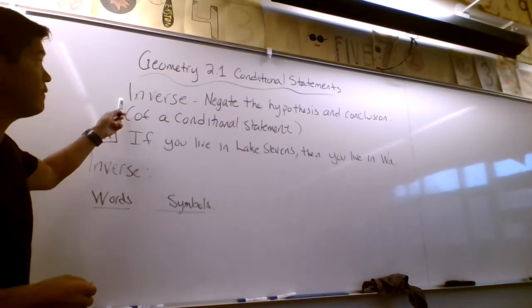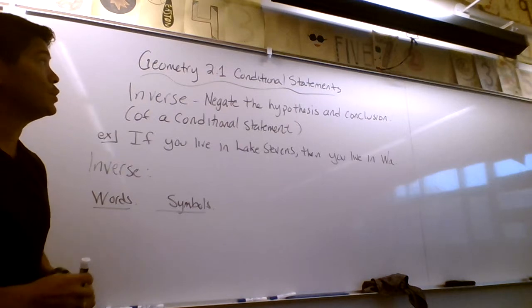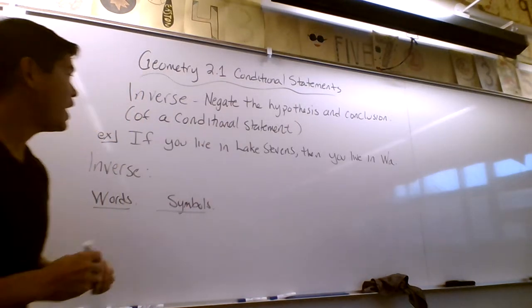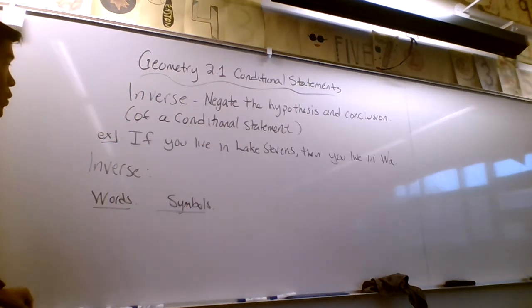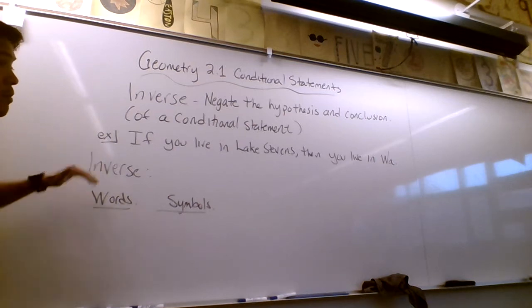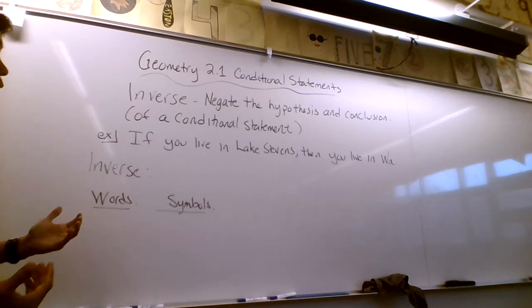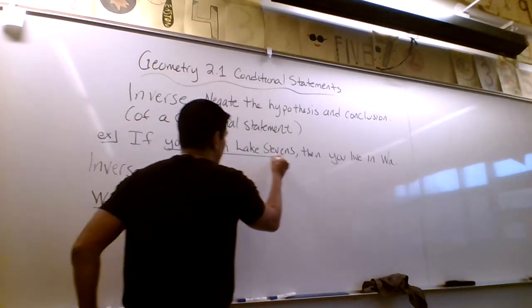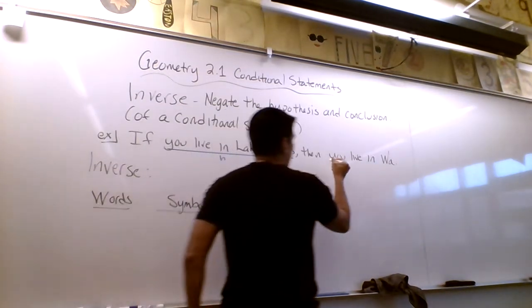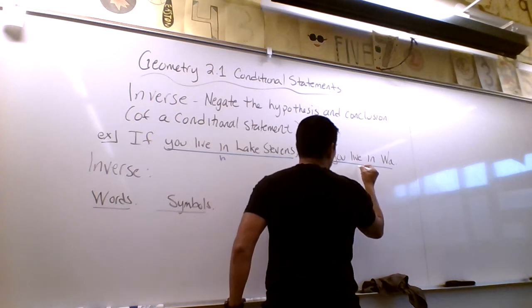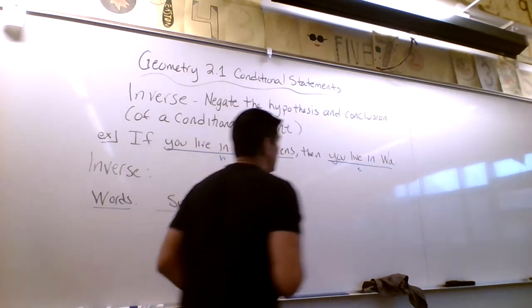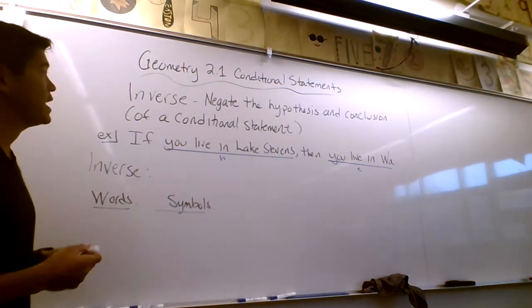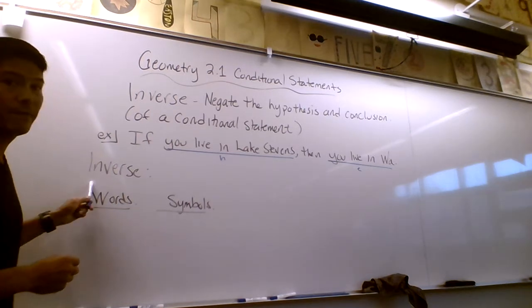To write the inverse of a conditional statement, you negate both the hypothesis and the conclusion. So if this is our example, I'm going back to the same example that we used a couple times before: if you live in Lake Stevens, just a quick refresher, this is the hypothesis, then you live in Washington, this is the conclusion. So you want to negate both of those statements in order to write the inverse.